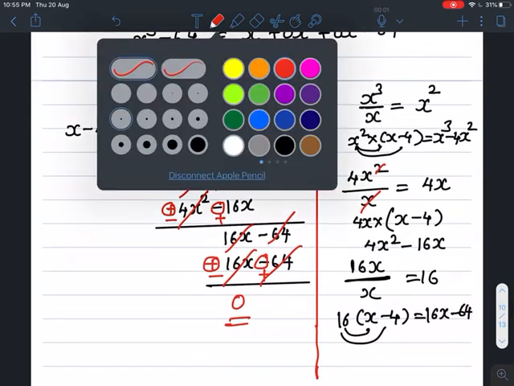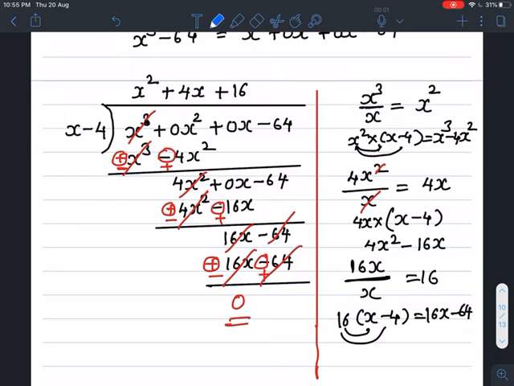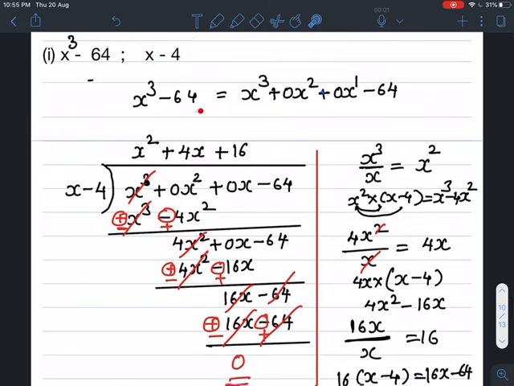Now you have to write the equation in the given format. Dividend is equal to divisor into quotient plus remainder.